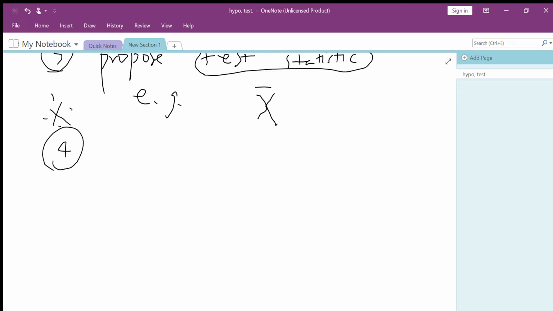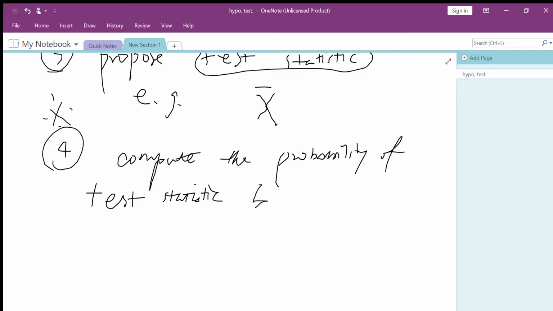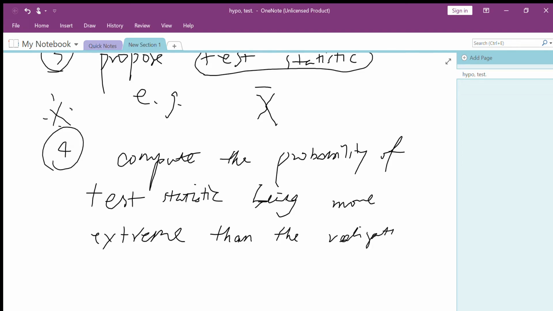The first step, compute the probability of test statistic being more extreme than the realization, small x bar, for example, small x bar.